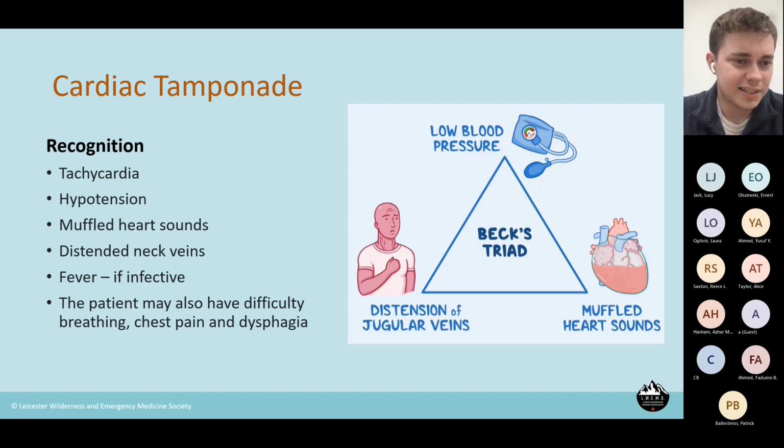Okay. So recognizing this, you get tachycardia, hypotension, and muffled or distant heart sounds, and distended neck veins.